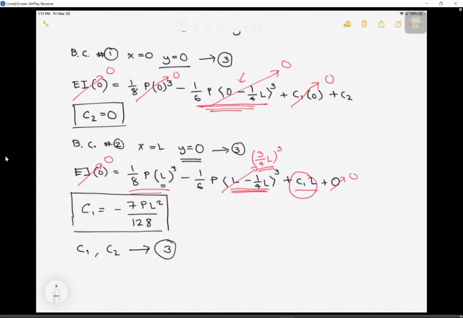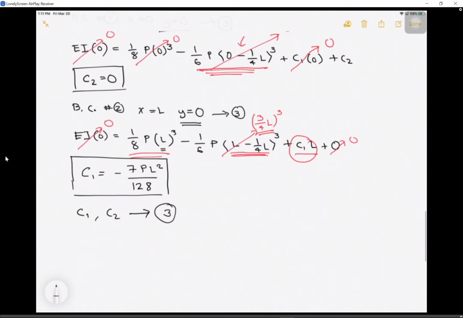So we have EI y is equal to 1/8 P x cubed minus 1 over 6 P. Now we have the singularity function right here, x minus 1 over 4 L raised to 3. Then we have C1 x, so that's plus.